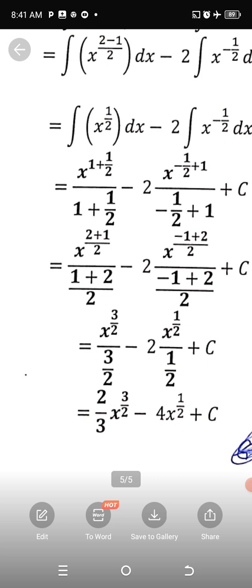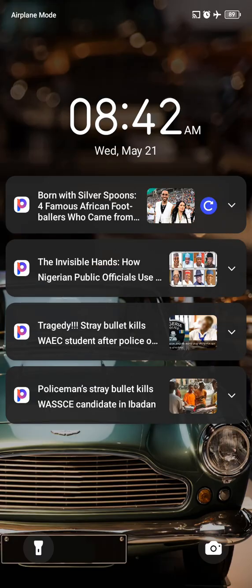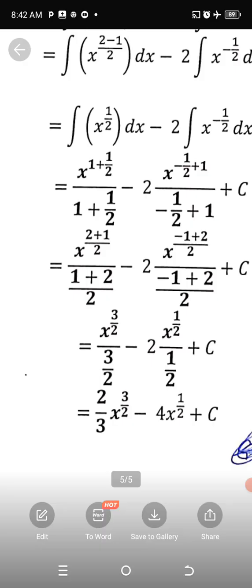That is why the number changes. So that is 2 over 3 x raised to power 3 over 2 minus 4. The same thing was done to the one after the negative sign too. So that is 4x raised to power half plus c.